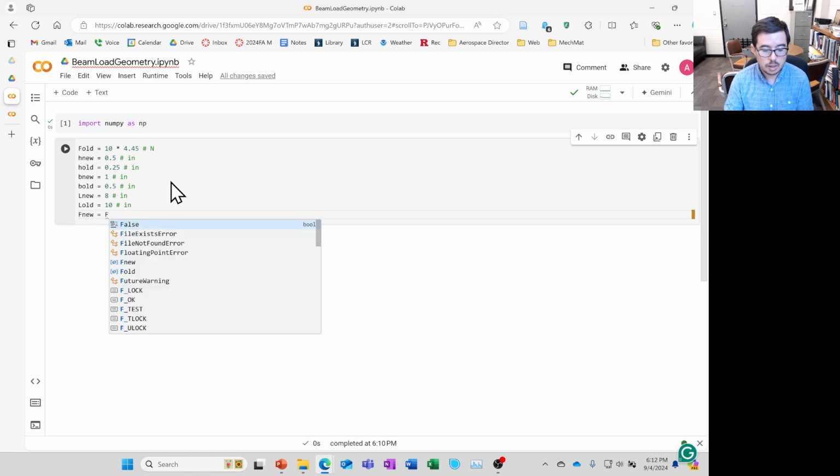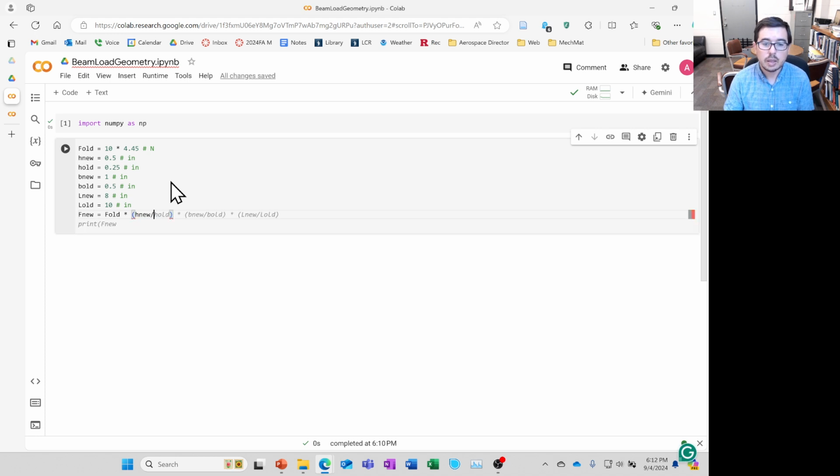F old times, now this is going to be a ratio H new divided by H old. Okay, and I hope old is not a dedicated parameter. So we'll see. We might have to change some things, but hopefully it'll work. We have B new over B old. So this is where underscores might be helpful to avoid issues.